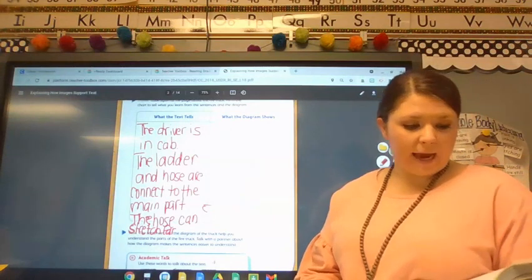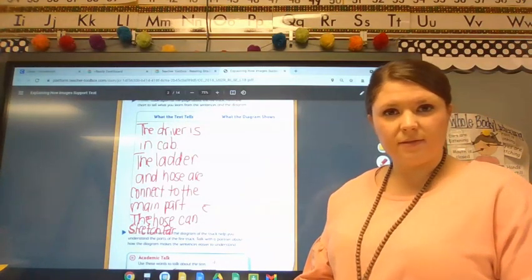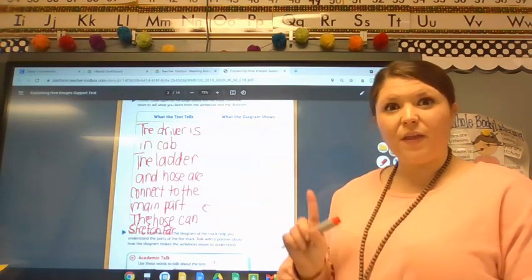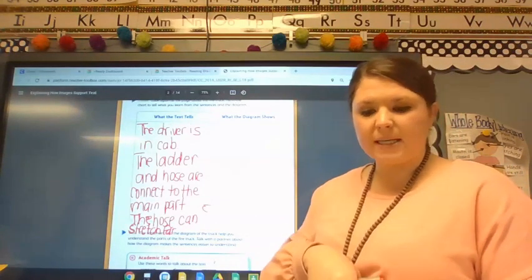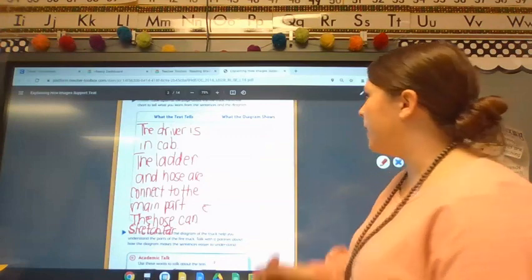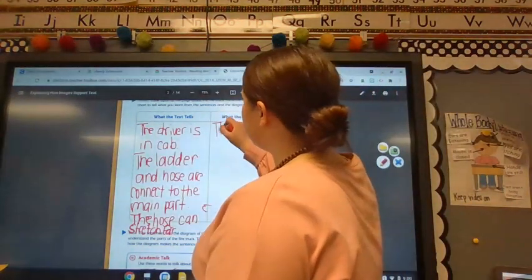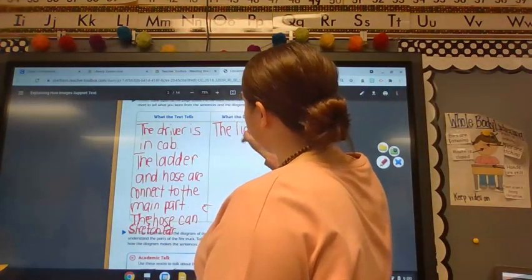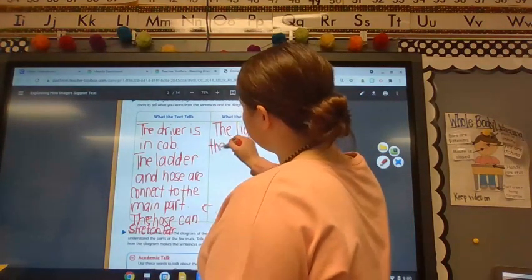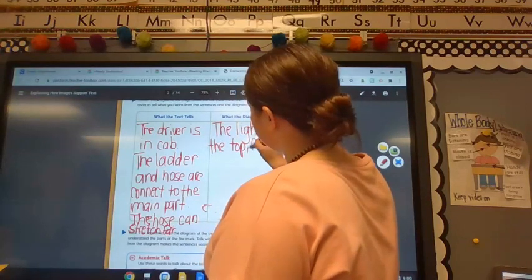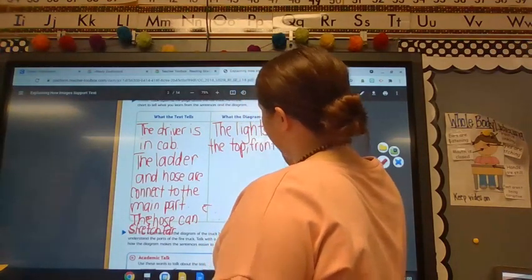Where are the wheels on the truck? Yeah, we know that there's one wheel in the front, one wheel on the back, and it would be that same way on the other side, right? So the diagram shows the lights on the top front of the truck. Okay?